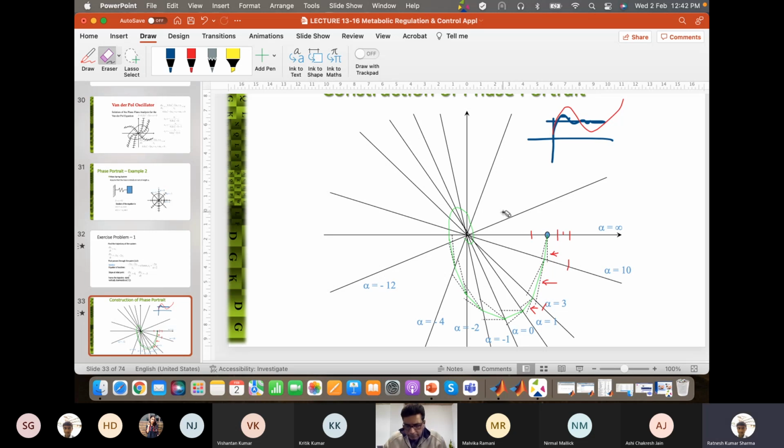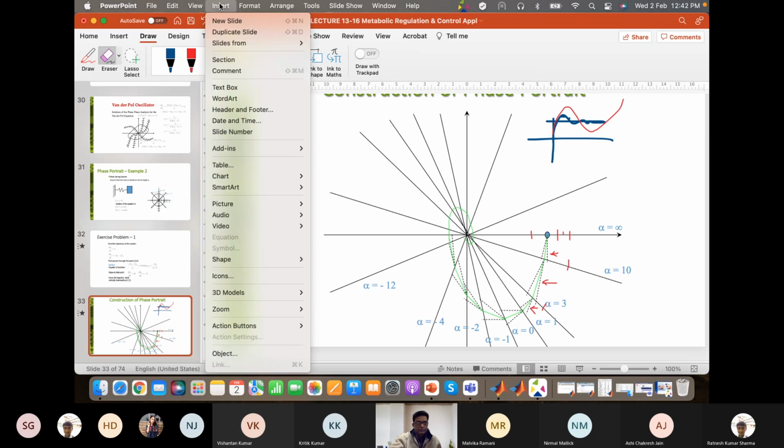Again, can you explain how these two lines are being constructed in between, the green one? No, so the way you do it is, there's one part which I have not mentioned here. So let me see if I can insert a table.